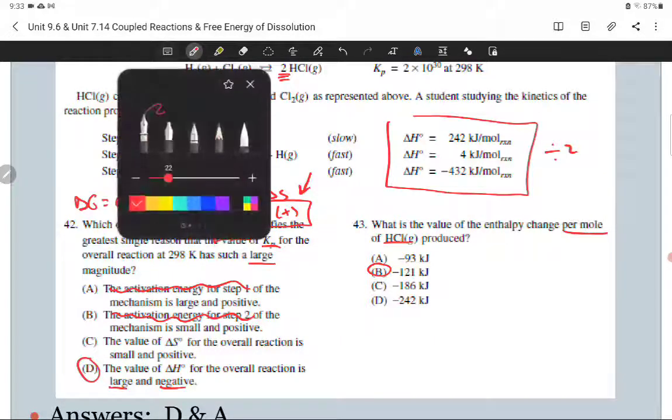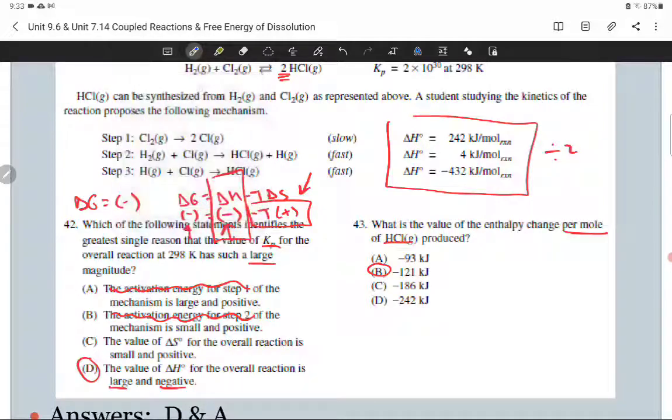So let's see what we got here. Let's go blue for this one. We need H2 as a reactant. There it is. So that means we're going to use 4 kilojoules per mole, as is. Chlorine, and there's chlorine gas. So we're able to add 242 to that. Don't have to do anything. And we need 2 hydrochloric acids.